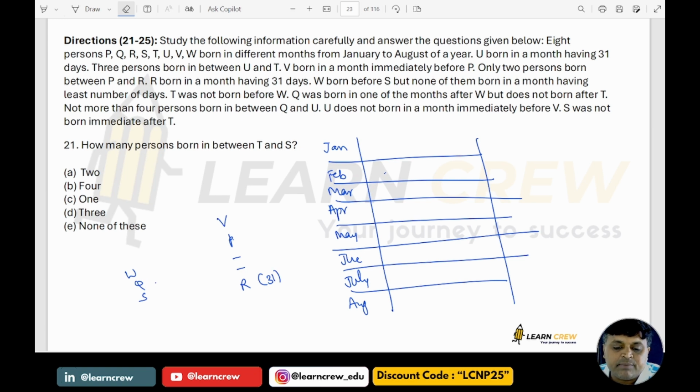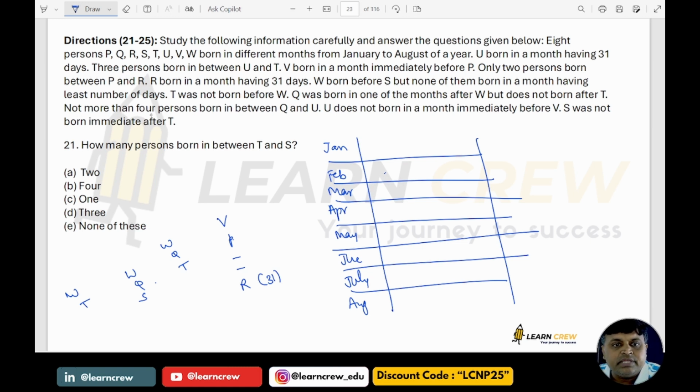T was not born before W means T was born after W. So you can see here Q was born in one of the months after W. Q is after W. Even T is also after W only. Now, Q was born after W, but does not born after T. So you can say here W, Q, T.